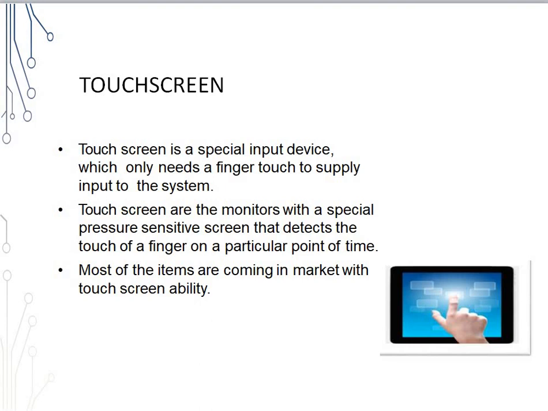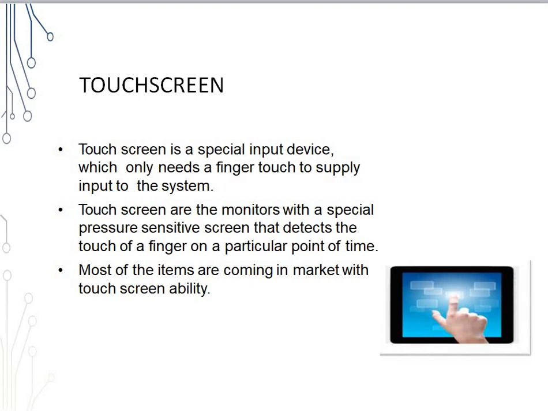Next one is the touch screen. Touch screen is a special input device which only needs a finger touch to supply input to the system. Touch screens are monitors with a special pressure-sensitive screen that detects the touch of a finger at a particular point. This is a pressure detector, and according to where you touch, it will respond.